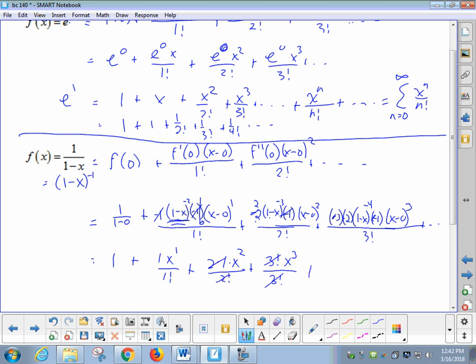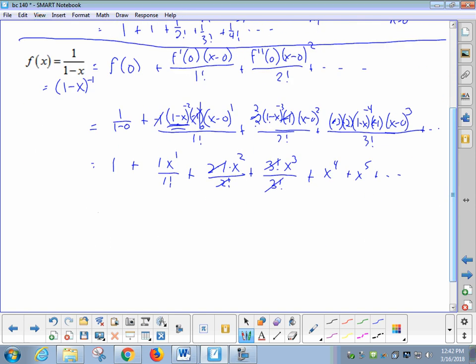So what do you reckon the next one is? X to the fourth. It is the cleanest of all series. It is just 1 plus x plus x squared plus x cubed plus dot dot dot. What's the general term? X to the n.